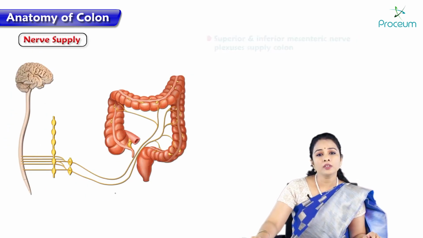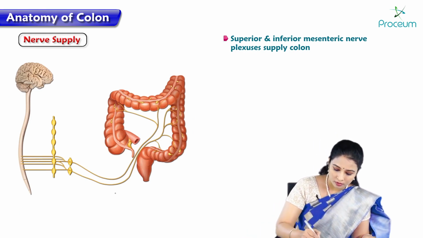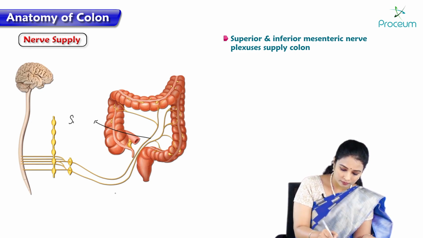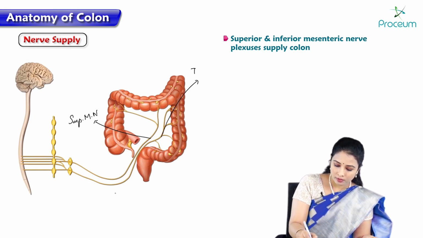Nerve supply. Superior and inferior mesenteric nerve plexuses supply the colon. So here is the superior mesenteric nerve plexus, and the inferior mesenteric nerve plexus.